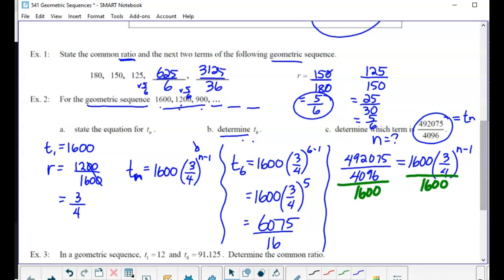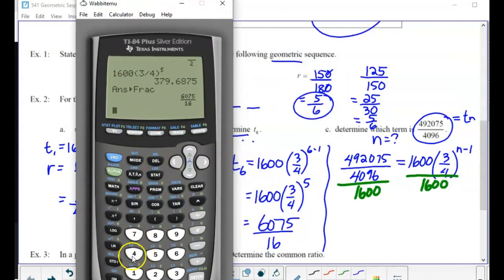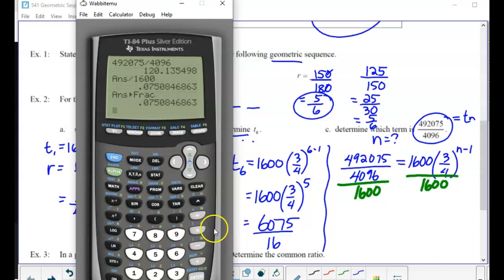So here, if I have 492,075 divided by 4,096, okay, then I want to divide that by 1600. And then math frac, oh, it doesn't do it. Huh. So you actually have to do some work. Nice.